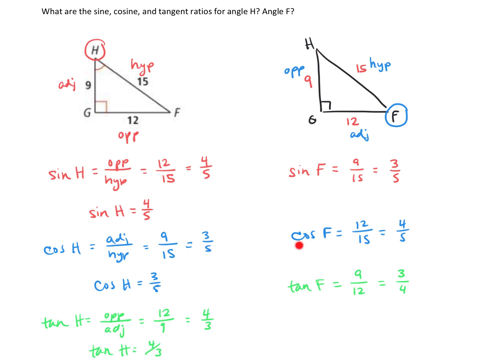When we say that the cosine of angle F is 12 over 15 reduced to 4/5, cosine is the adjacent over the hypotenuse, so the adjacent side is 4/5 of the hypotenuse. And then tangent of angle F was 3/4. Tangent is opposite over adjacent, so the opposite side is 3/4 of the adjacent side. So that's just that relationship that we're writing out with these trig ratios.